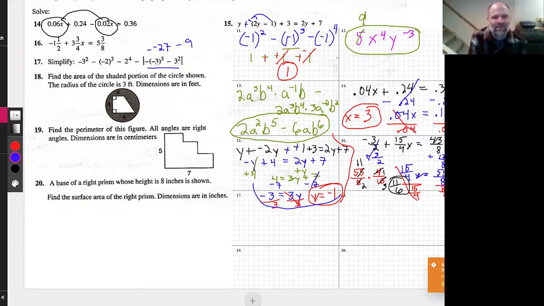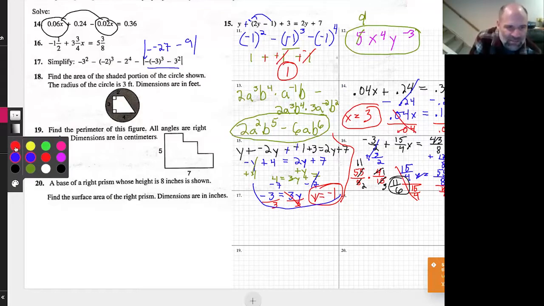So if I'm cubing a -3, -3 times -3 times -3 is -27. But then I throw a negative in front of that, and that'll eventually become positive, but let's leave it like that. And then minus 3 squared. 3 squared is 9. Okay, so the absolute value of that is going to be positive 27, right? Plus positive 27 minus 9, which is 18.